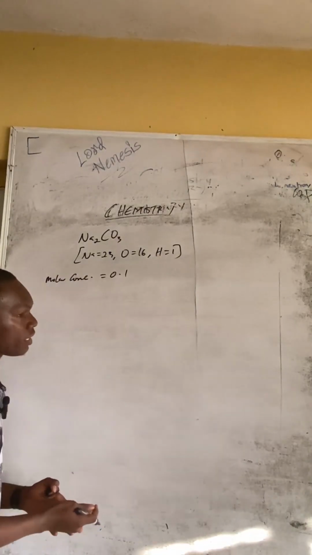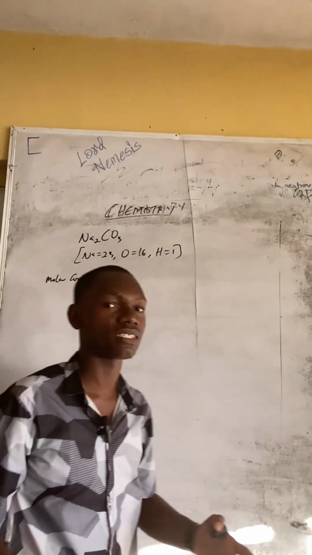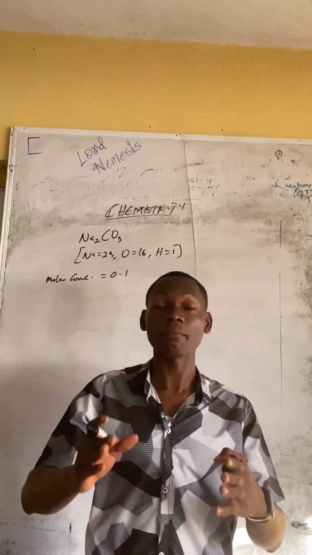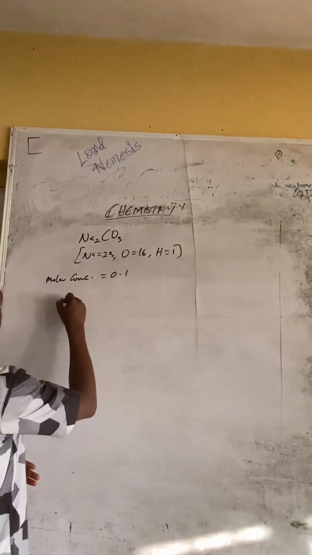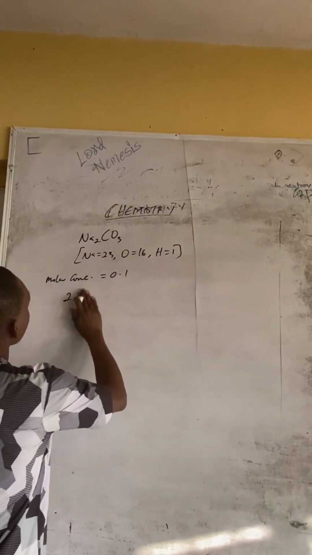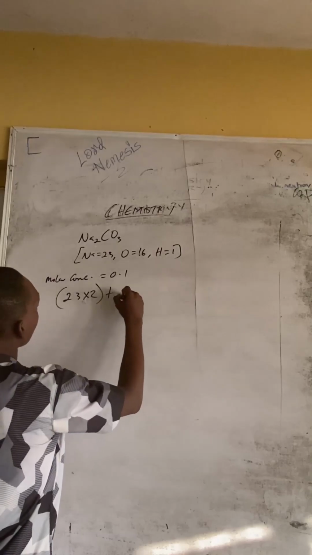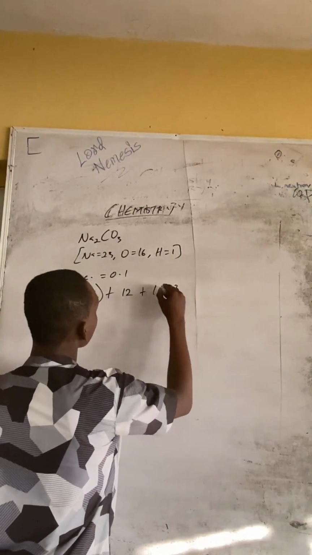Now, let's calculate the molar mass of this sodium carbonate. Molar mass simply means summing up all the mass numbers of the elements involved. If we simply do that, sodium is 23 times 2, because sodium is appearing twice here, plus carbon 12 and oxygen 16 times 3.